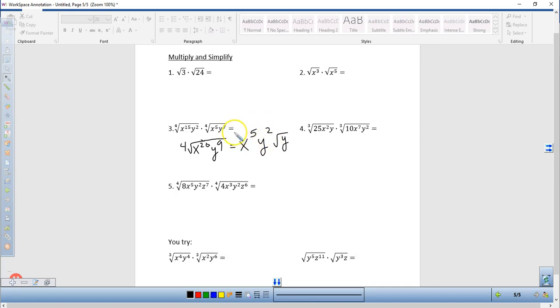Here we have a 5, so we need absolute value right here. I'll write a little note out here. x to the fifth is an absolute value because we had an even index and that produced an odd exponent.